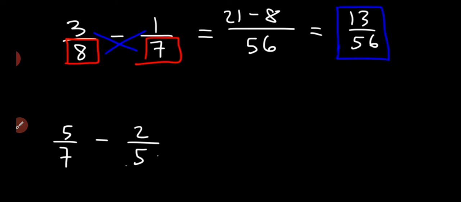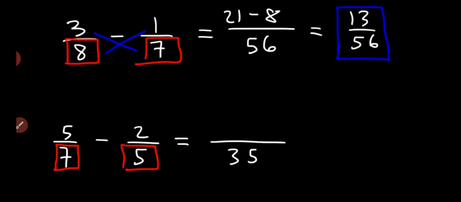Now if the question is this type, here 7 and 5 are also co-prime numbers. So simply we multiply, means 7 fives are 35, and cross multiplication of 7 into 5, that is 25, and 7 into 2, that is 14. Okay, so 25 minus 14, your answer is 11 upon 35.